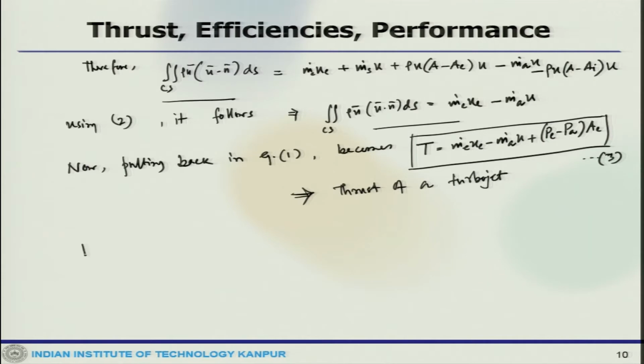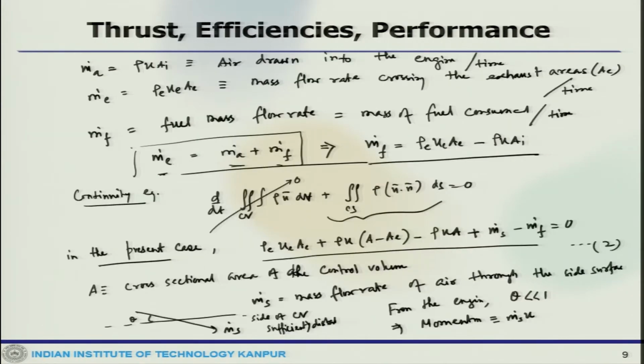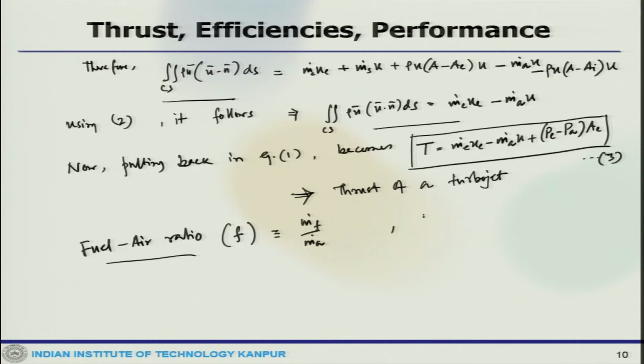Now, we consider the fuel air ratio, which is usually represented with F, which is m dot F by m dot A. We have also obtained that m dot E is m dot A plus m dot F. So, this is m dot A into (1 plus F) using the fuel air ratio.